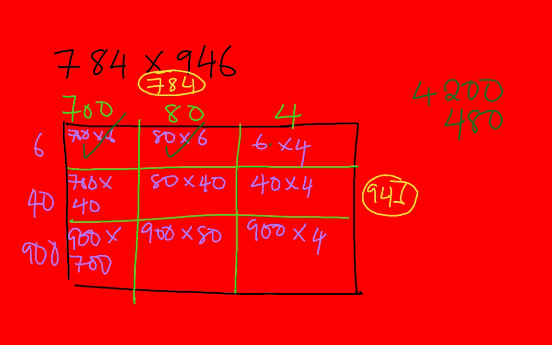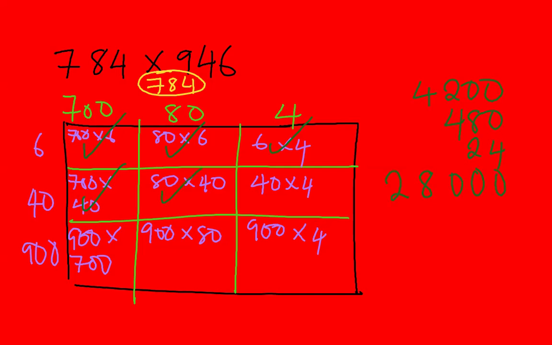Then 6 times 4 is going to give me 24. Now, this other one is going to give me 28,000. So I'm getting 28,000.